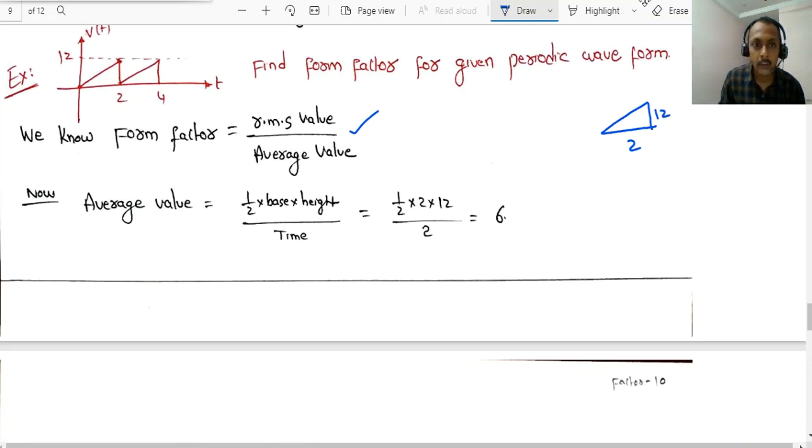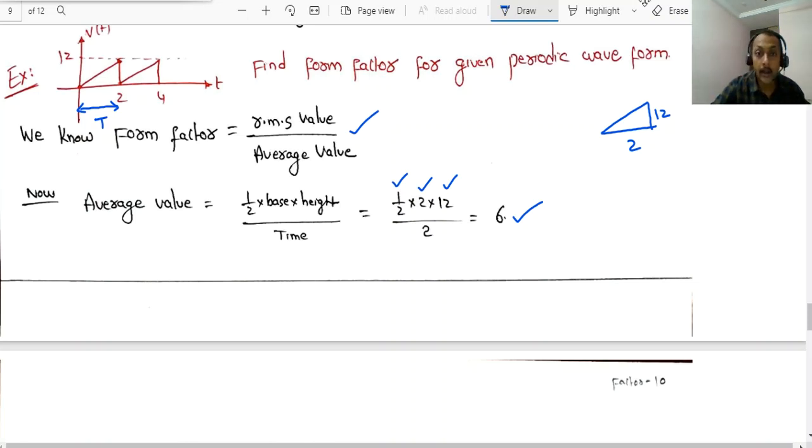Now we can easily tell half into base into height will be the area. Average value is area divided by time. Half into base, which is 2, into height, which is 12. The time period for this waveform, capital T, is 2. Clear? So the average value is 6. Very simple.